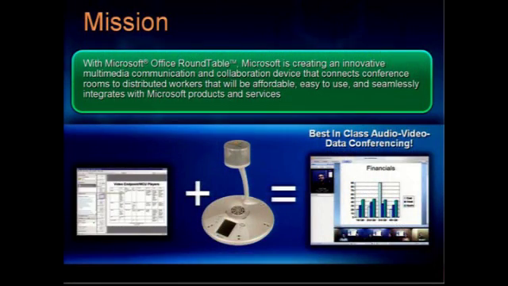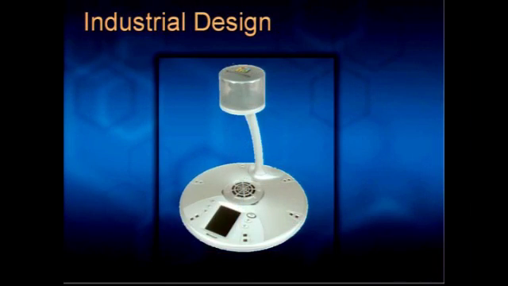What we're trying to do in our project is to combine the existing Microsoft Office Live Meeting together with the latest hardware technology that we have to create the most innovative multimedia communication that allows effective collaboration between sites.